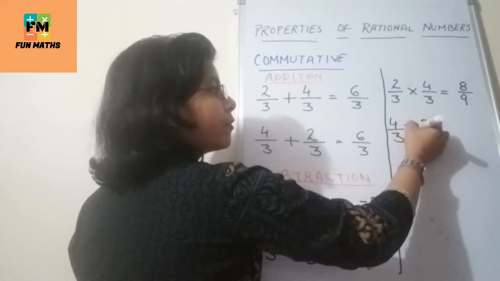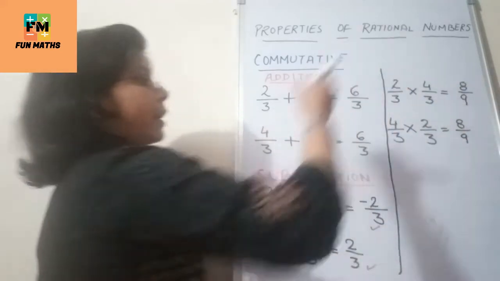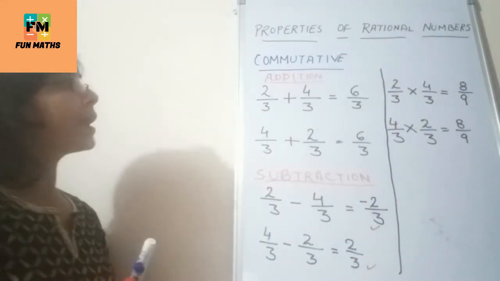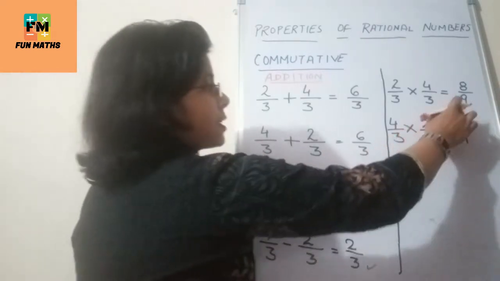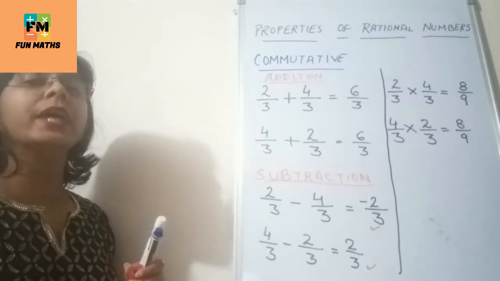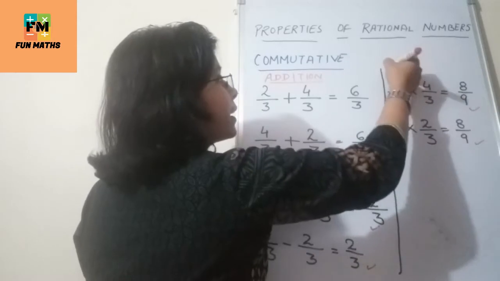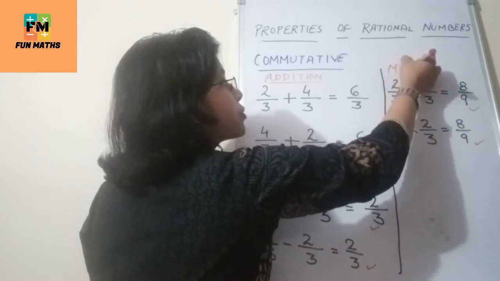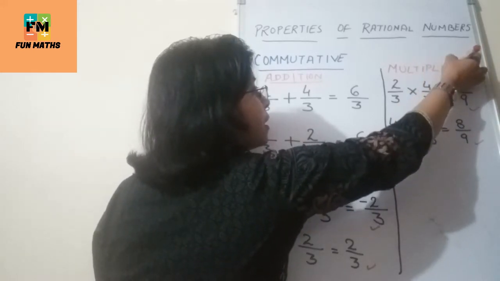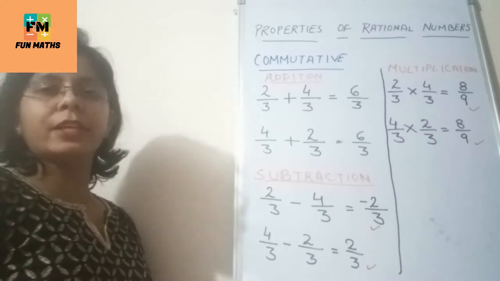When we multiply, it would be 8 by 9. Now let's compare. In comparison, we check the answers. If the answers are the same, we say that rational numbers are commutative for that particular operation. Here in both cases we are getting 8 by 9. So what can we conclude? Rational numbers are commutative under multiplication. Last one is division.